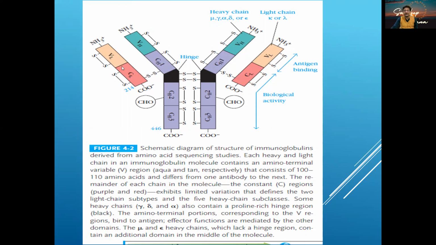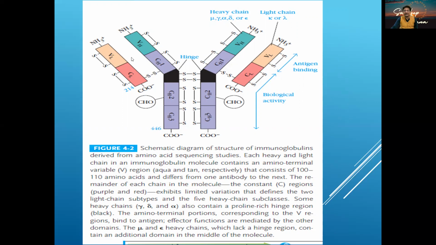If you see carefully, the light chain has one variable region and one constant region, whereas the heavy chain has one variable region and three constant regions. In between, they have the hinge. They are joined together with disulfide linkages, and for folding purposes we also require the disulfide linkages.